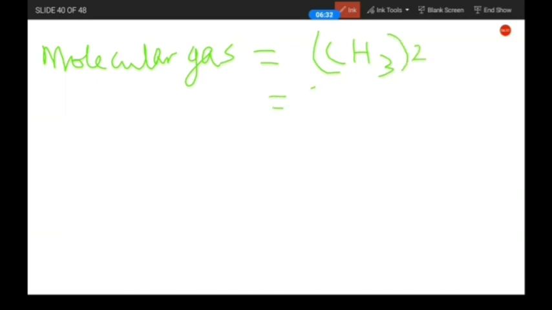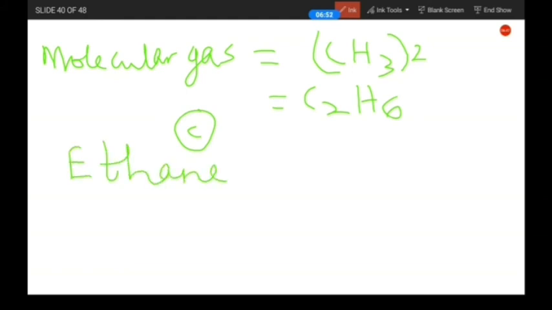And that becomes C2H6. And that is the molecular formula. And question C says we should suggest a name for it. This is ethane. Ethane is an organic compound, a hydrocarbon. And the general formula for alkanes is CnH2n+2. So we have gotten that.